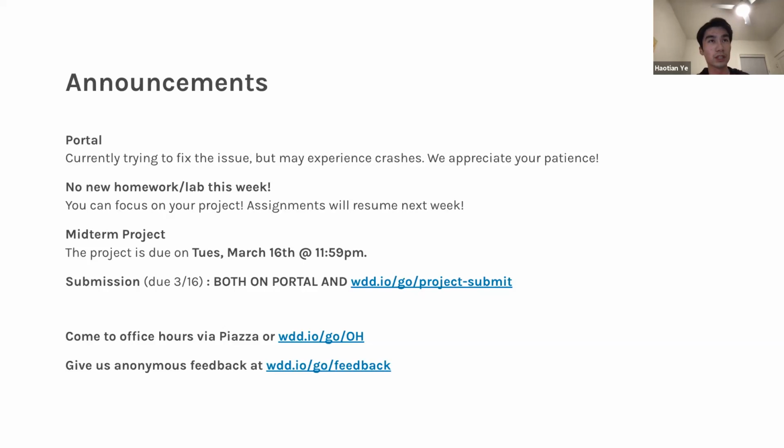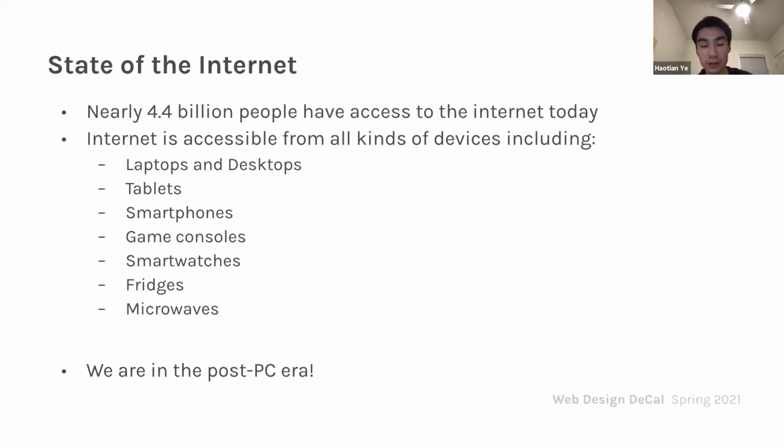Cool. So let's just get into responsive design. As I'm sure you know, we have so many things that can access the internet today. A fun fact is that nearly 4.4 billion people have access to the internet, which is more than half of the global population.